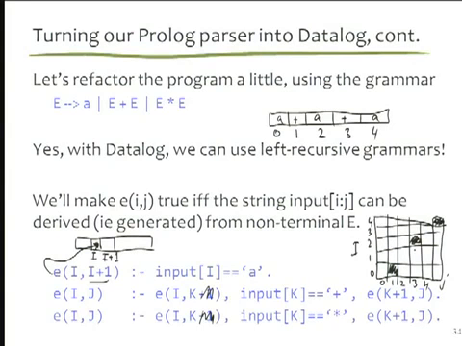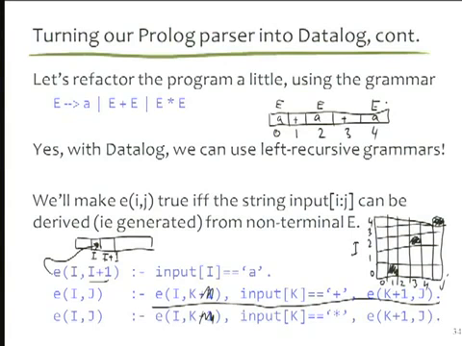How about now, given this knowledge, can we use this rule to learn some more? So essentially, what do we know? We know that this is an E. We know that this is an E, and this is an E. This is what we have learned in the first round, right?